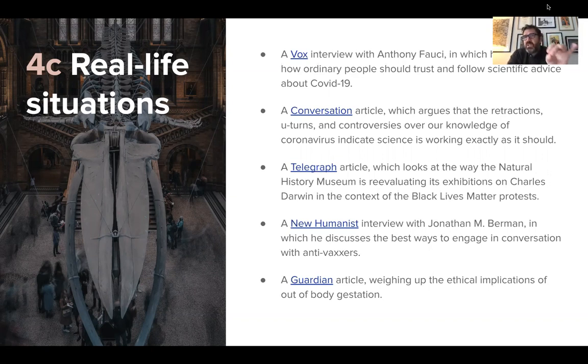But this is a great article about how we shouldn't be worried about that, how we shouldn't view that as a failure of science. Absolutely the reverse. If we understand the nature of science, then we should understand that this is how science works. It is based on doubt. It's not based on certainty. We offer a claim, we offer an idea, and it has a certain mortality, as we've just seen in that other quote.